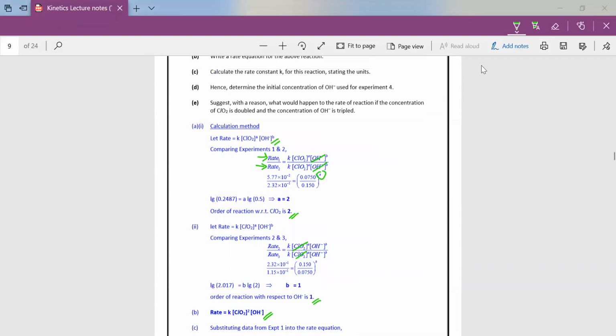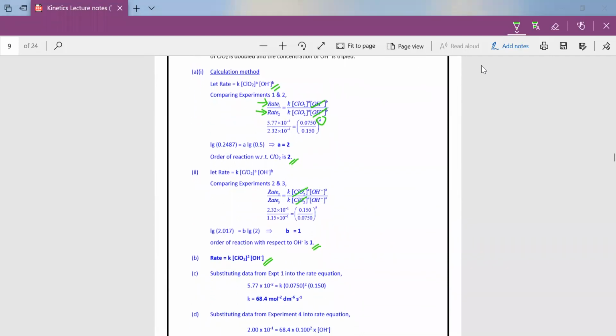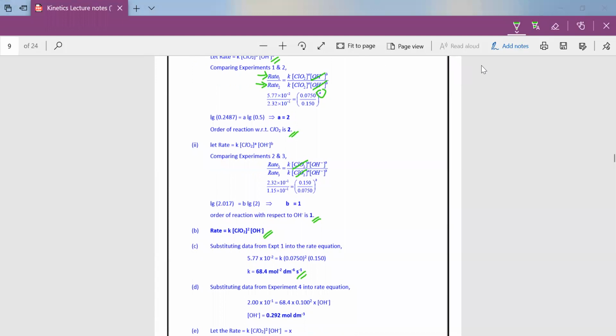And then part C asks us to calculate the rate constant. Like what we said in the earlier practice question, we substitute experiment 1's data into the rate equation, and we find the value of the rate constant.